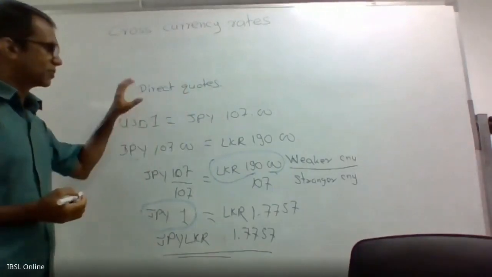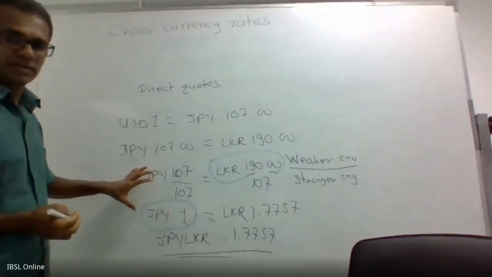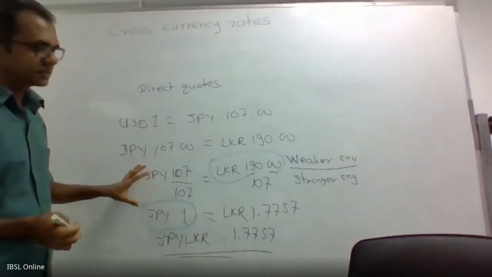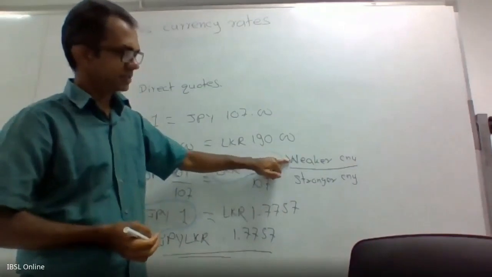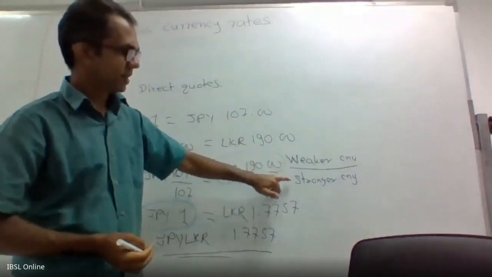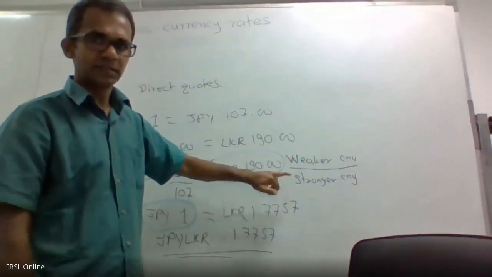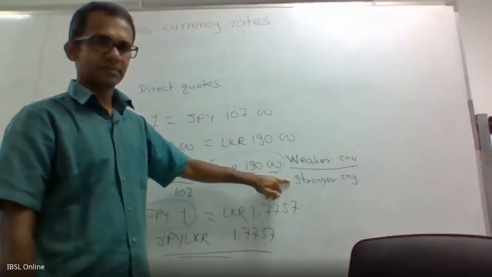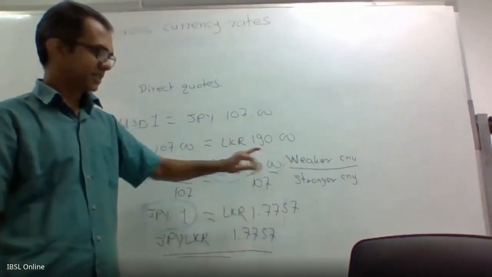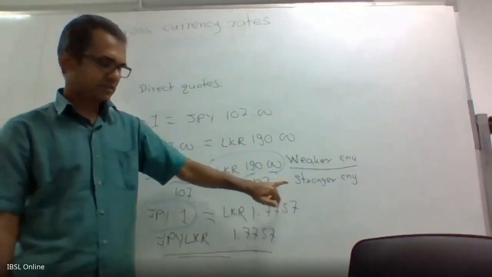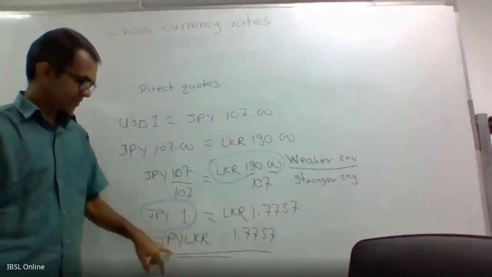When both are direct quotes, to calculate the cross exchange rate, we divide the weaker currency exchange rate against dollar by the stronger currency exchange rate against dollar. Then we get the exchange rate with the stronger currency as the base currency.